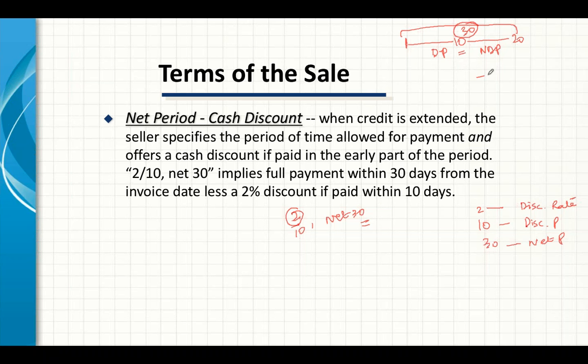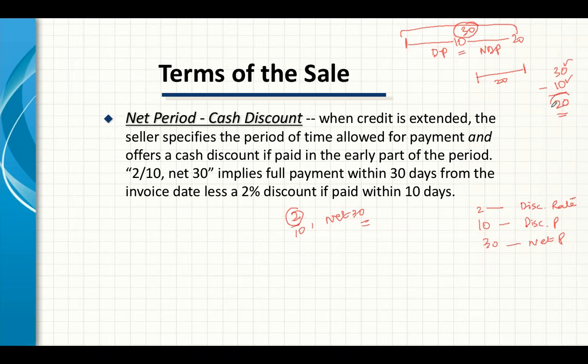So your supplier is getting payment in advance by 20 days. Actually you can clear the invoice in 30 days with no discount. But if you clear within 10 days, there will be a discount of 2%. So your supplier is losing 2% for getting this money 20 days in advance. Instead of getting it on the 30th day, supplier is getting it on the 10th day.